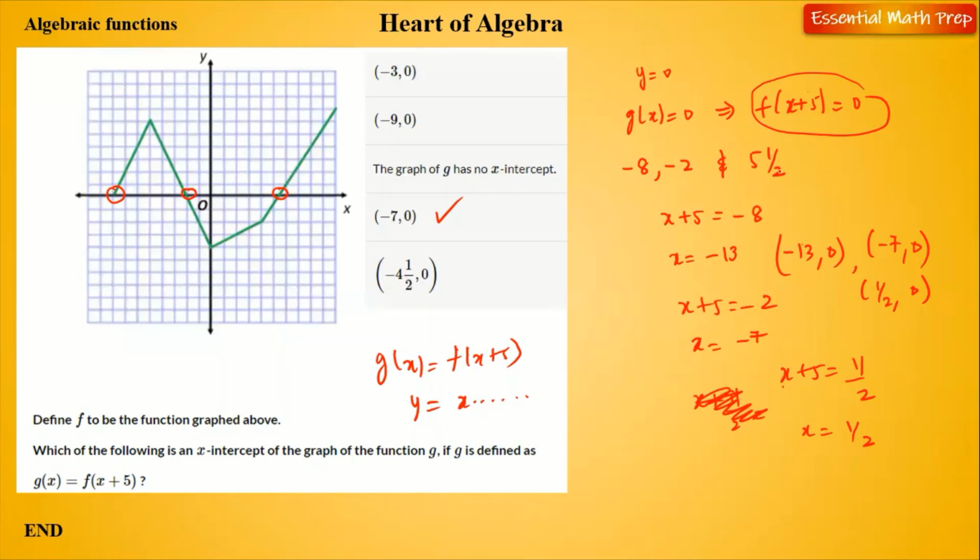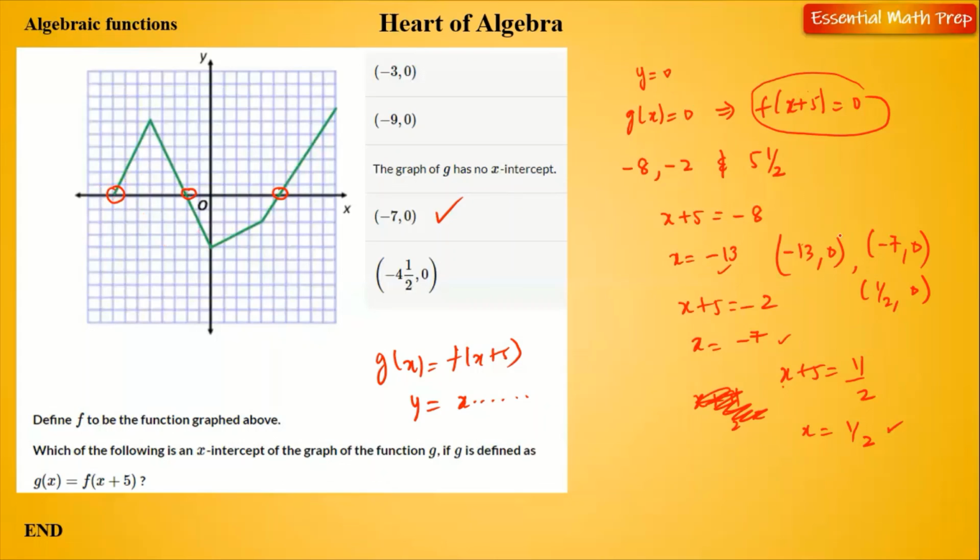That means at x being -13, then -13 plus 5 would give you -8. So we're kind of backtracking to figure out what the x value could have been. So we equated the x plus 5 to the current x-intercept values, which are -8, -2, and 5.5, which gave us the x values of -13, -7, and 1/2.